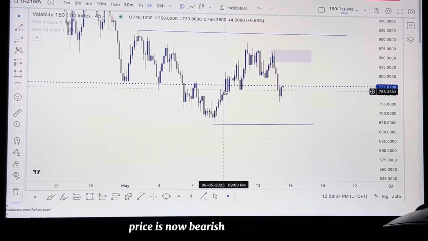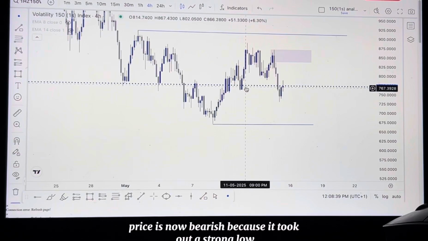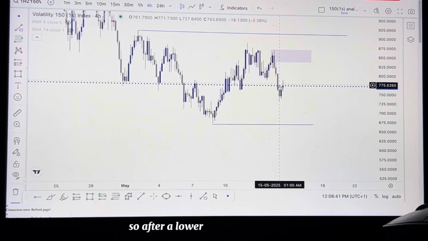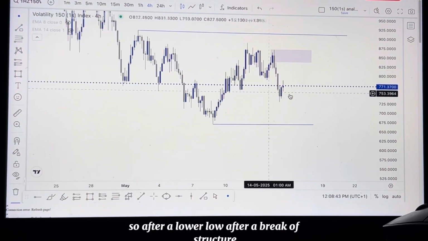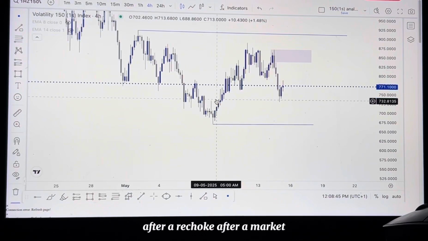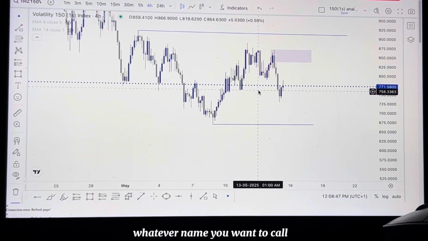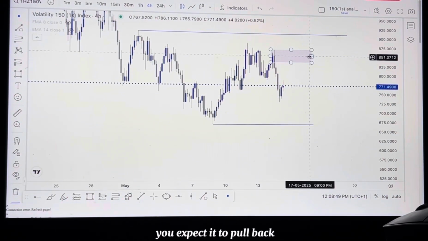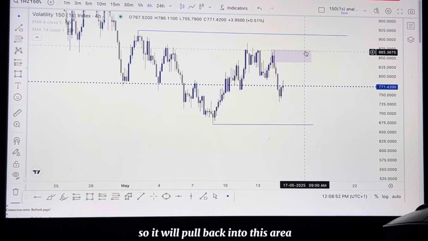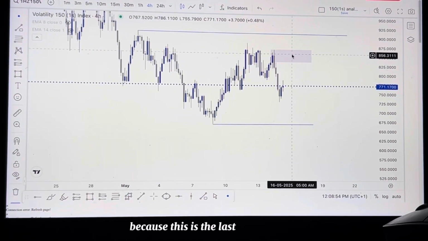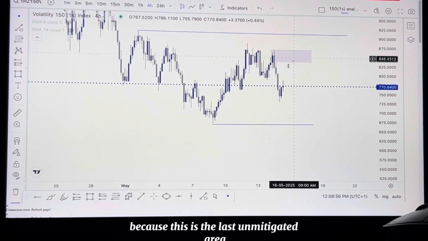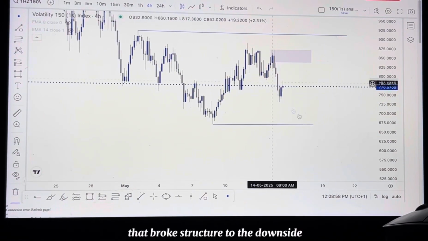Price is now bearish because it took out a strong low. So after a lower low, after a break of structure, after a chalk, after a market structure shift, whatever name you want to call it, you expect a pullback. So it will pull back into this area because this is the last unmitigated area that broke structure to the downside.